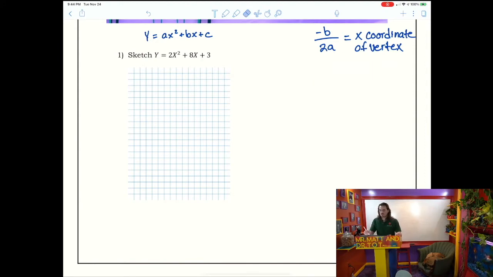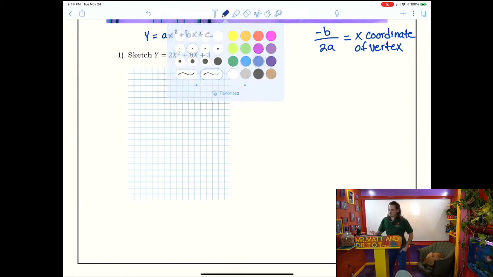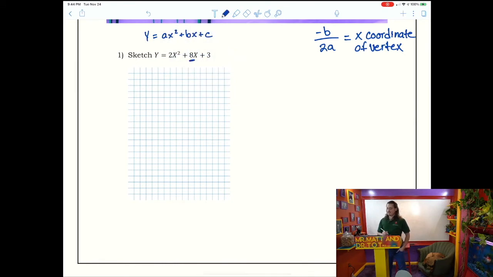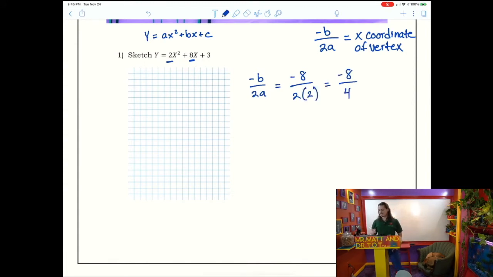So in order to solve here, I'm going to look at my b value of 8 and my a value of 2. Negative b over 2a would be equal to negative 8 over 2 times 2. That's going to be negative 8 over 4. Negative 8 divided by 4 is negative 2.